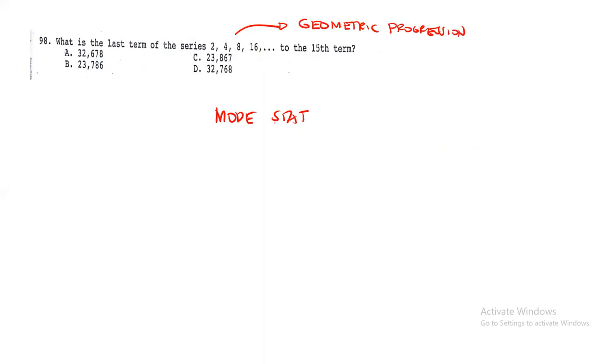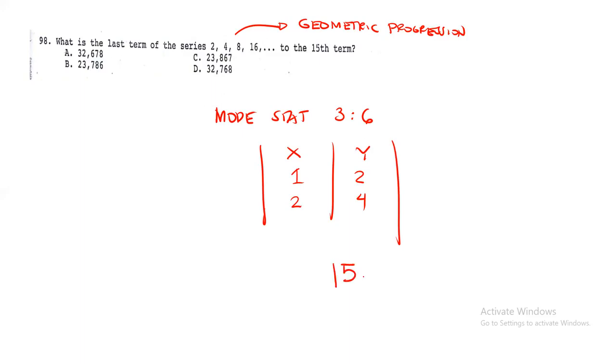We use mode stat, 3, 6. The first term is 2 and the second term is 4. So you can already use that. Then the 15th term, then y hat, that's already the answer.